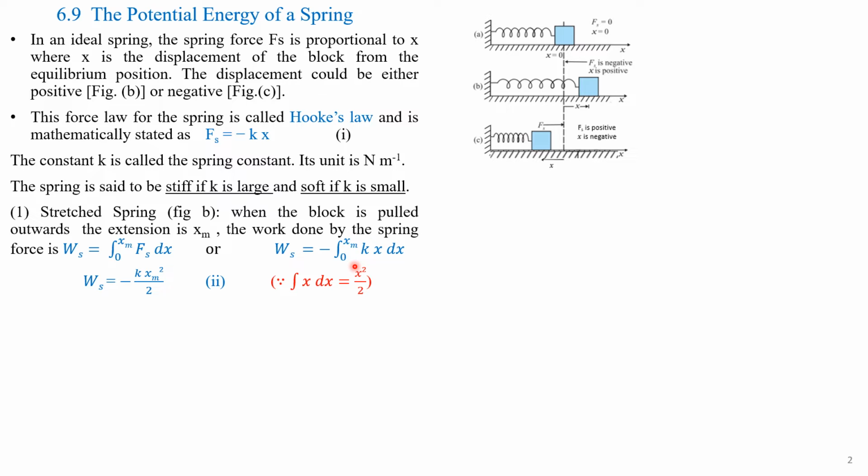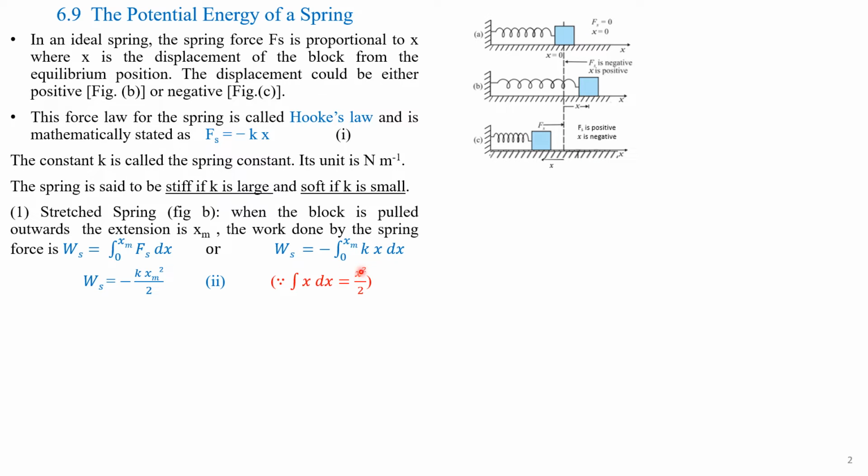Now integrating and simplifying, we get Ws is equal to minus k into xm square by 2, because the integral of x dx is x square by 2, the upper value is xm and the lower value is 0.